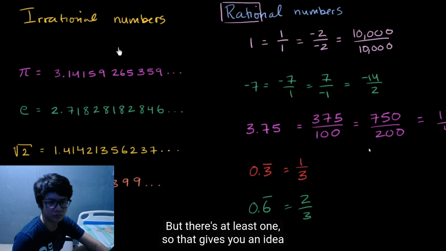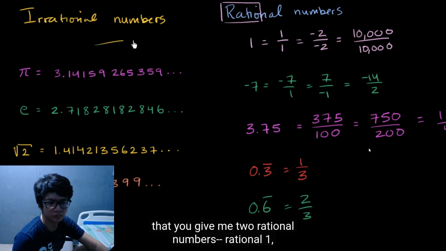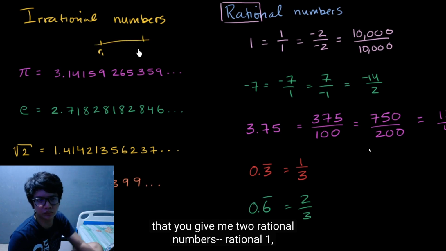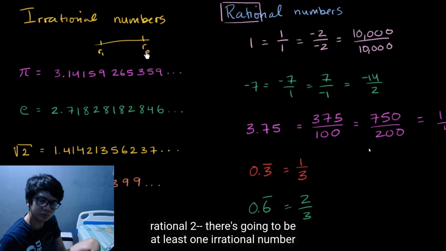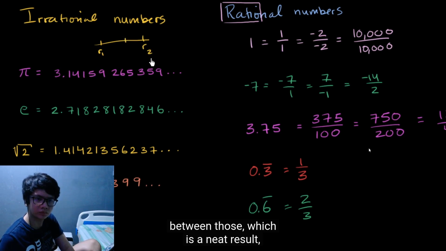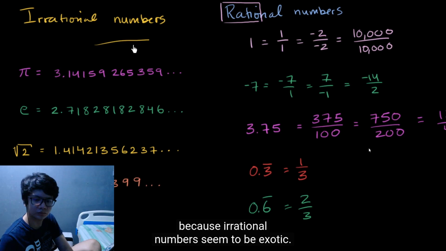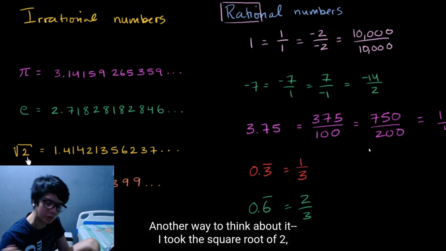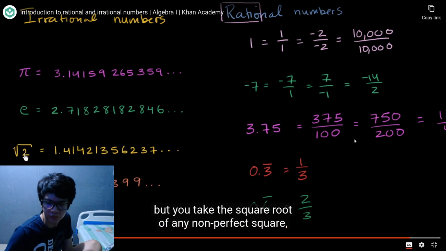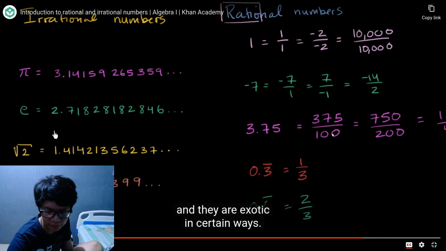So that gives you an idea that you can't really say that there are fewer irrational numbers than rational numbers. And in a future video, we'll prove that if you give me two rational numbers, there's going to be at least one irrational number between them, which is a neat result because irrational numbers seem to be kind of exotic. Another way to think about it, I took the square root of 2, but you take the square root of any non-perfect square and you get irrational numbers.